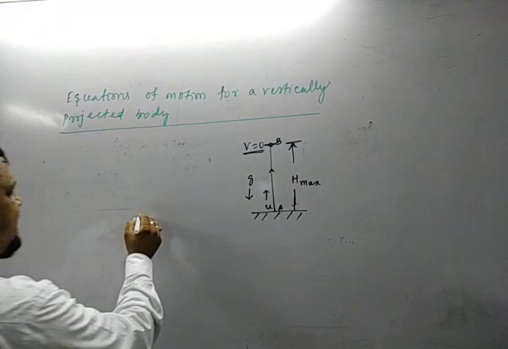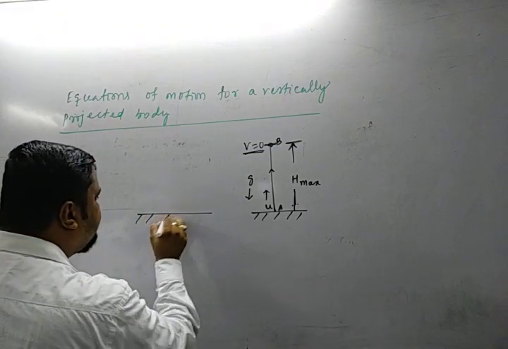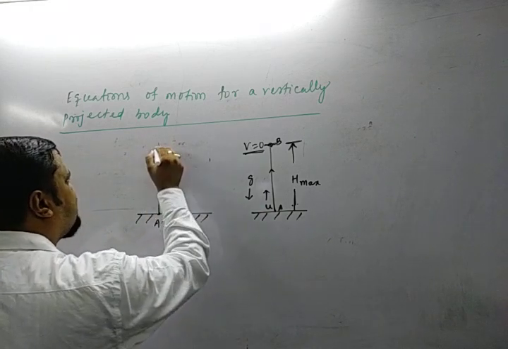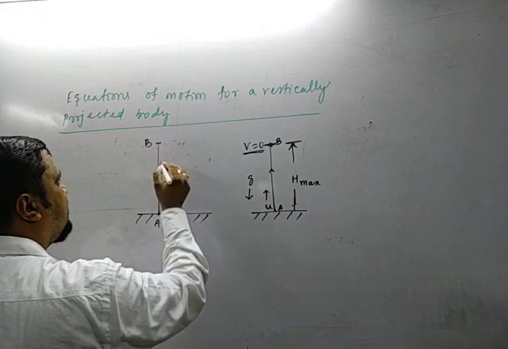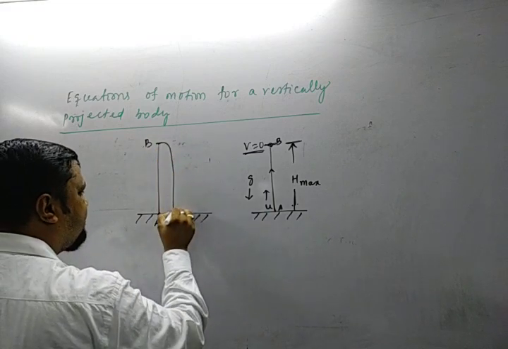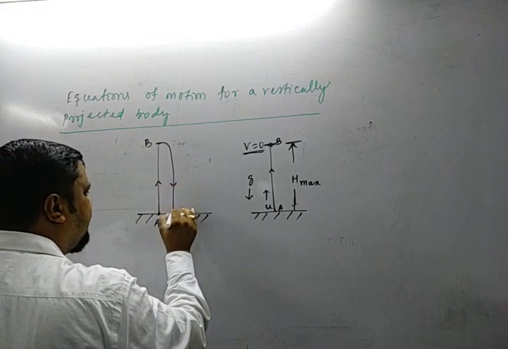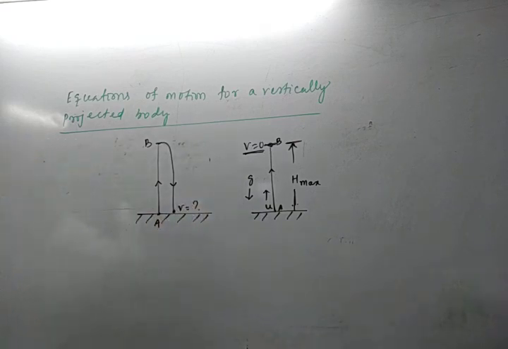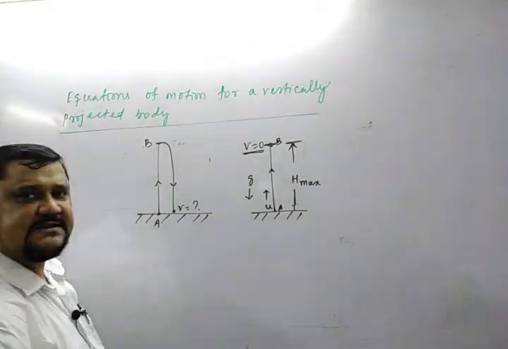The situation is like this: the body projected from point A goes to the maximum height B, then from there it comes back. When it reaches the ground, what will be the final velocity before touching the ground? Here, how will we find this?